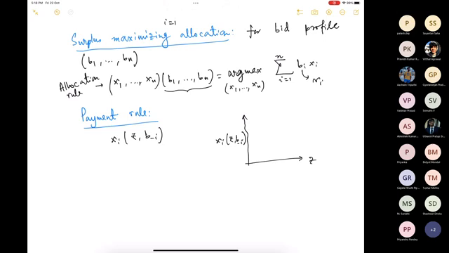Okay. Yeah, good. Feel free to unmute and ask questions if something is not clear. Now I am defining the payment rule.